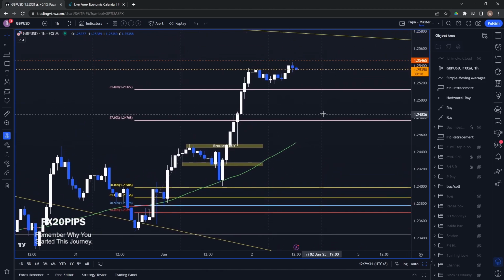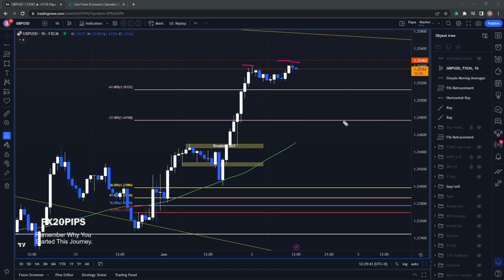Okay, I am always very interested in why price turns around at an area, why the price stops at this level. Okay, and from my curiosity, I always know that Fib plays a part.